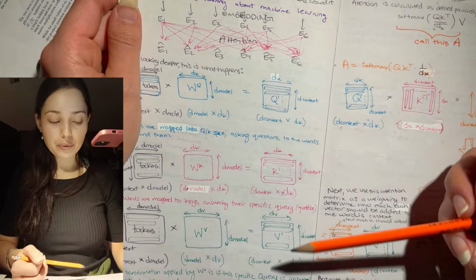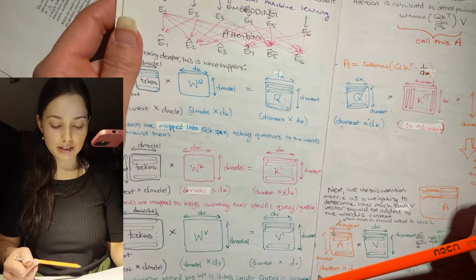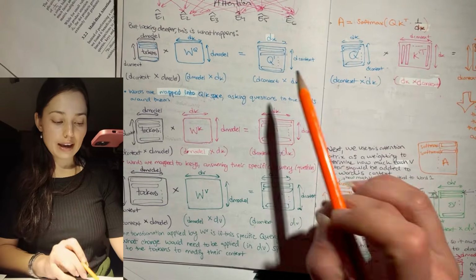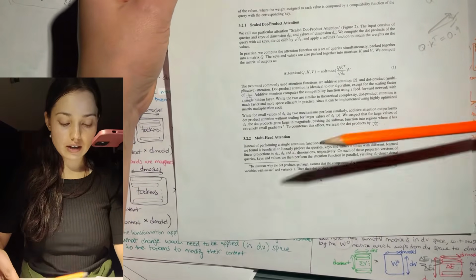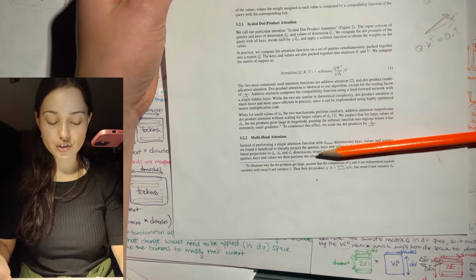Okay, so now that we've gone over this attention mechanism and how it's applied to all the tokens, let's continue reading on the multi-head attention.